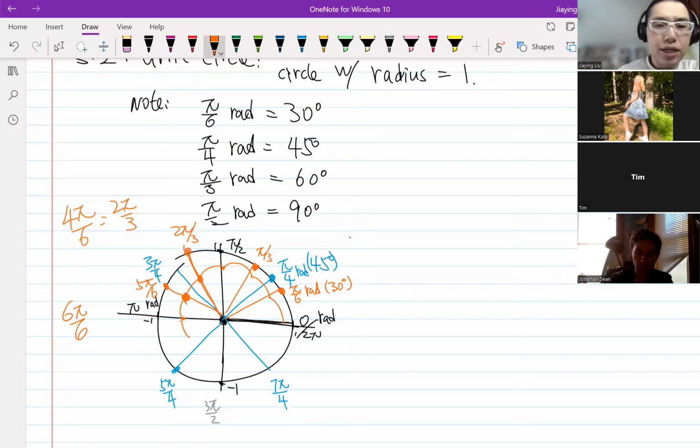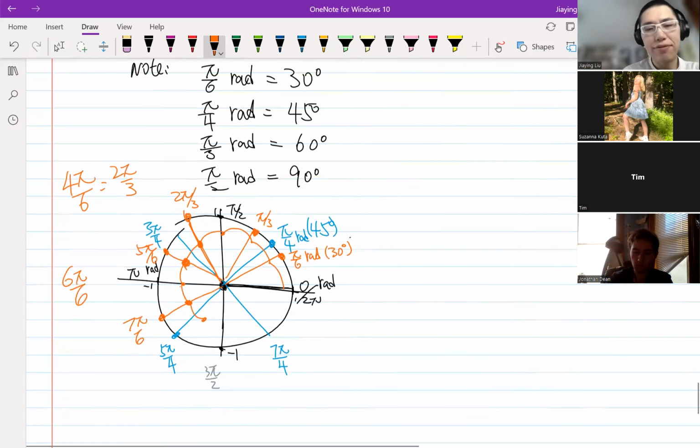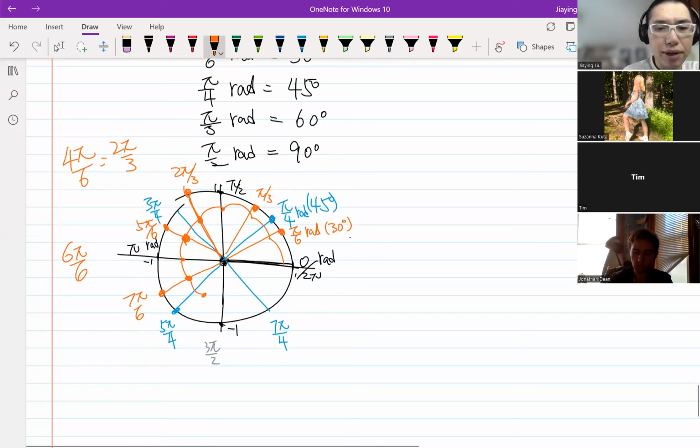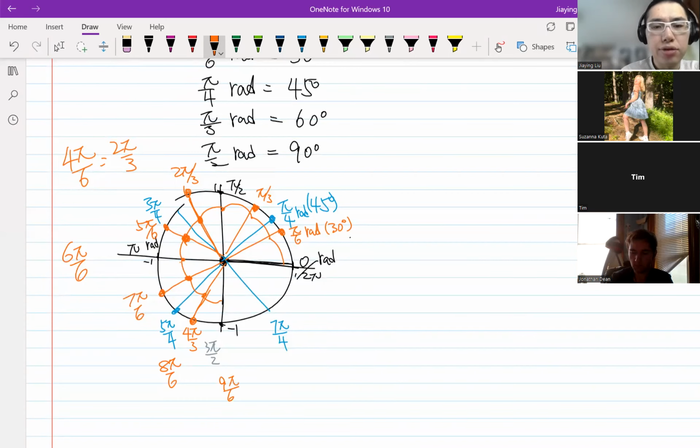And then past that, so that's 7 pi over 6. And then 8 pi over 6, that's going to pass 5 pi over 4. So this is 8 pi over 6, which is the same thing as 4 pi over 3. And then I keep going, 9 pi over 6 takes me to 3 pi over 2.